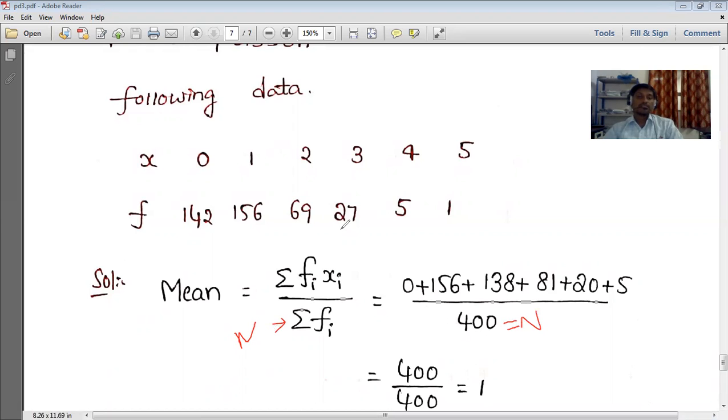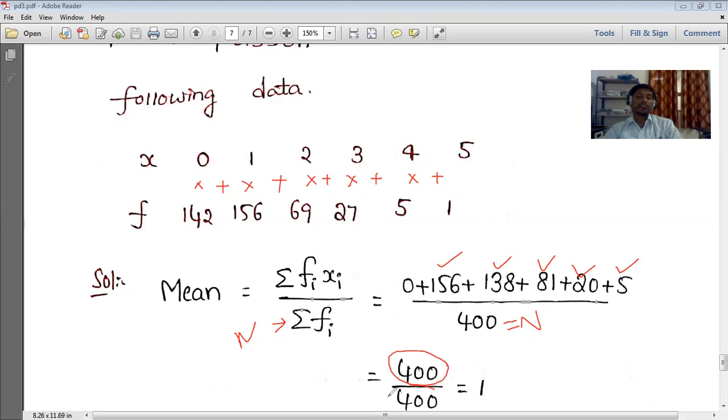And next summation fi xi is 0 into 142 plus 1 into 156 plus 2 into 69 plus 3 into 27 plus 4 into 5 plus 5 into 1. So 0 into this is 0, 1 into 156 is 156, 2 into 69 is 138, 3 into 27 is 81, 4 into 5 is 20, 5 into 1 is 5, and by adding all those we got 400.